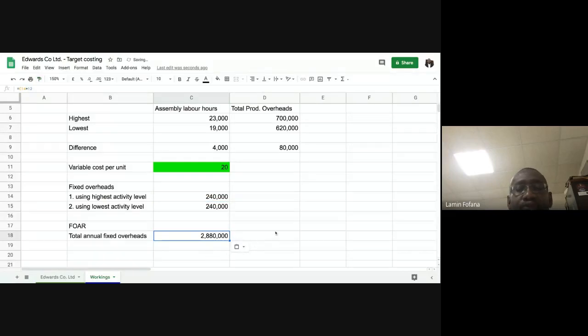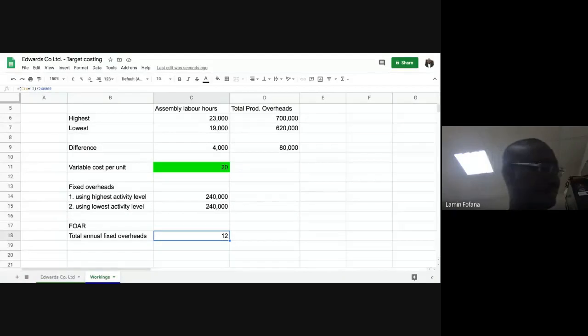So that will be 2,880,000. So we're going to put it in a formula and divide by the 240,000 hours that was given in the question. So our FOAR is $12 an hour. Is that clear?